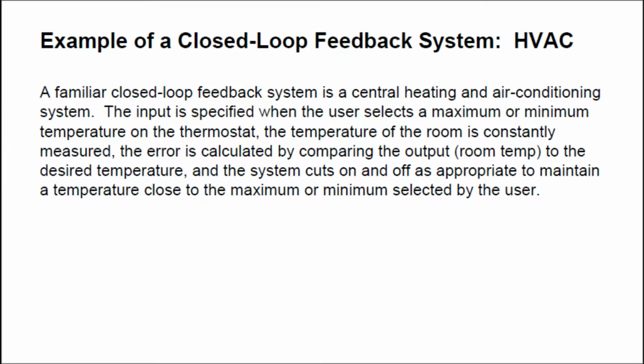That difference, which is the error, is sent back to the air conditioning unit as an electrical signal, and it will either tell it to come back on to cool the room further, or it'll remain off as long as the error is within acceptable bounds. And that's the closed loop feedback system.